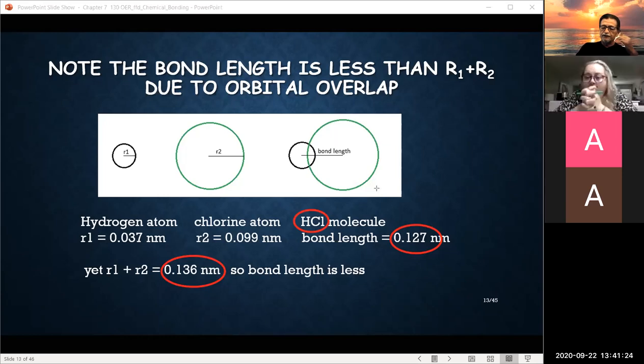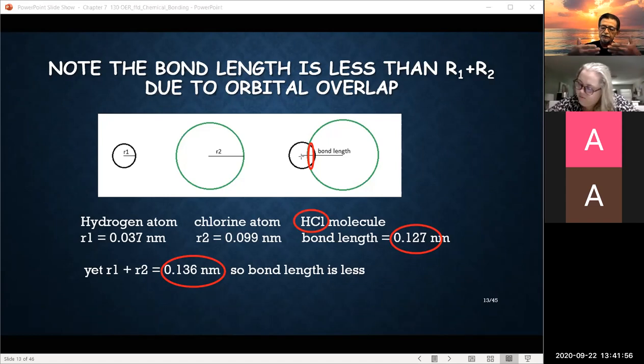And basically what's happening is in this area here that I marked with the red circle, there is an overlap, because that is where the electrons are pulling onto each other, and there's an overlap there. So the result being is that when the hydrogen atom and the chlorine atom came together to form HCl, their radius is much less than the sum of the radius of the individual atoms.